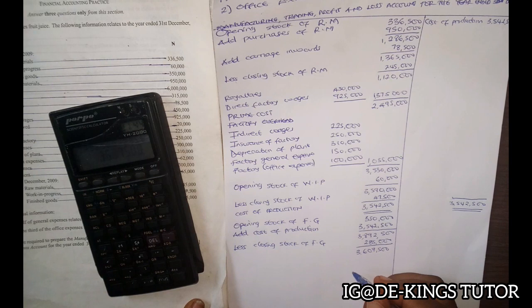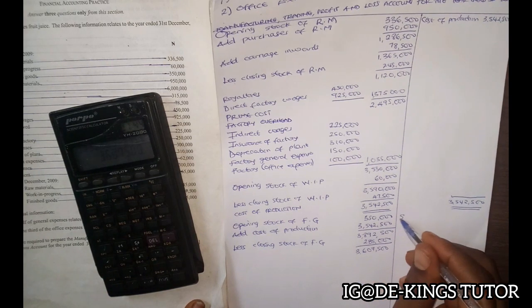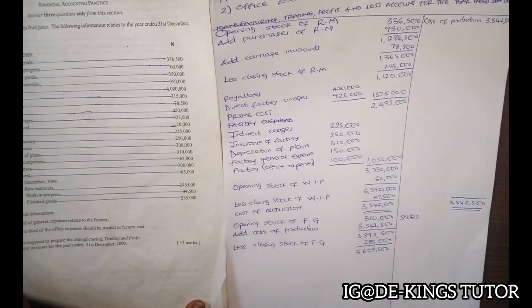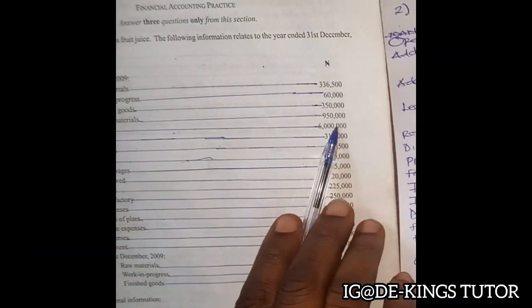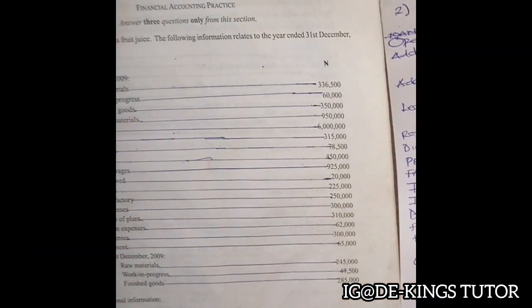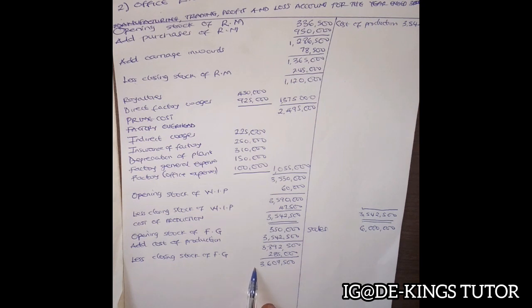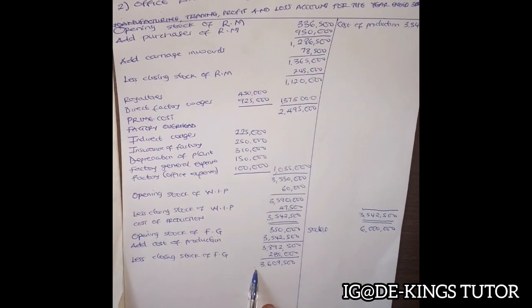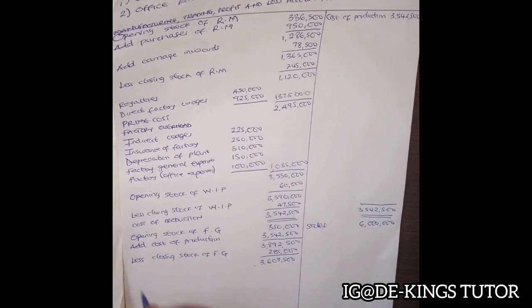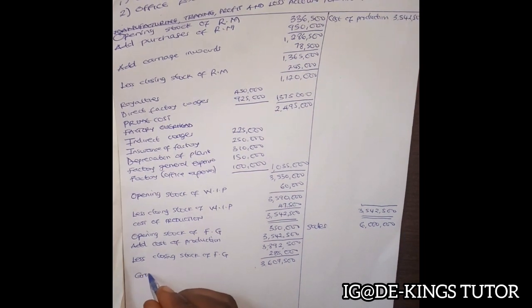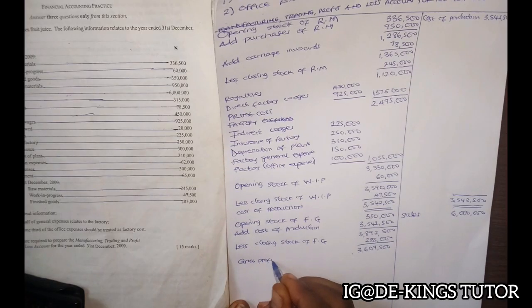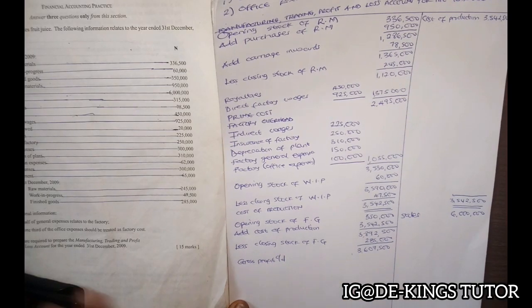It will give us 3,607,500. Okay, so the credit side will be our sales. And how much is the sales there? 6 million. I'll check if there's return inwards. No return inwards. Okay, so the sales minus the cost of goods available for sales will give us our cost of goods sold, will give us our gross profit carried down.